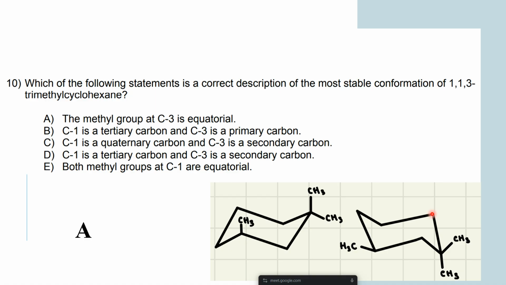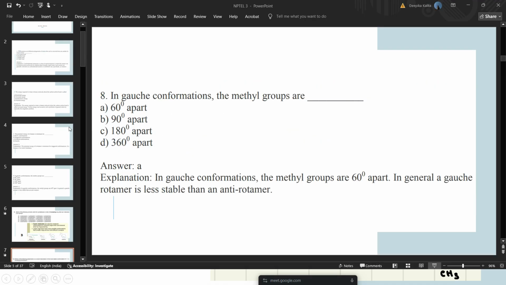Both the methyl groups cannot occupy equatorial position. Hence, option E is also a wrong statement. So out of all these 5 statements, the first statement is the correct one. I hope this is clear to you.